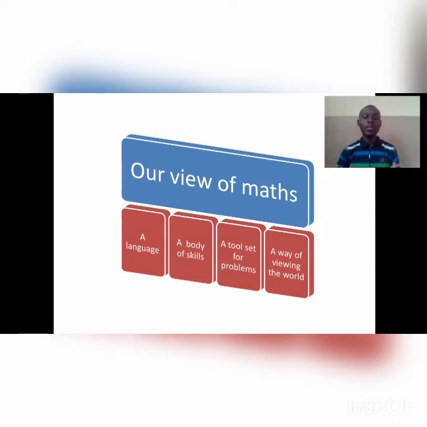And so it gives you what is called a tool set, like a toolbox where you can pick different tools to solve different problems that can be interpreted from a mathematics point of view. And finally, we believe that every problem can be interpreted or explained from the mathematics point of view. Therefore, you need mathematics for life.